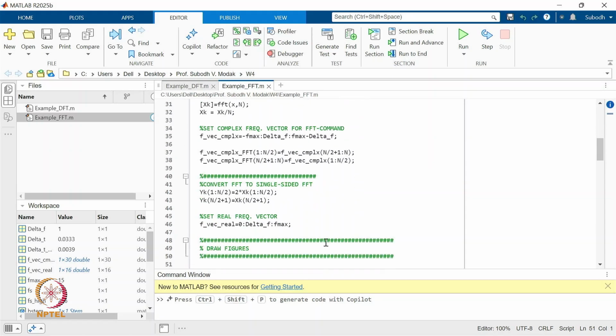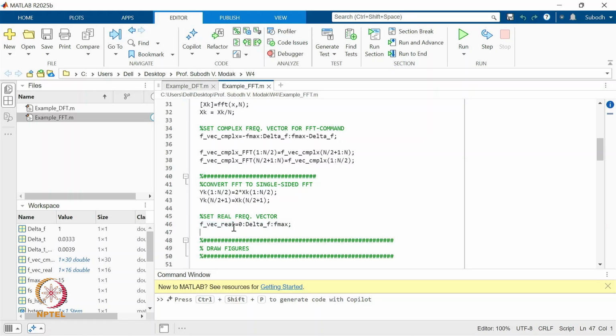Then we are converting the double sided FFT to single sided. In the MATLAB single sided FFT we just take the first half components straight away and take twice of that, as I have done here. So yk gives you the single sided FFT, and then we are setting the real frequency vector again. This was basically the change with respect to the previous program.